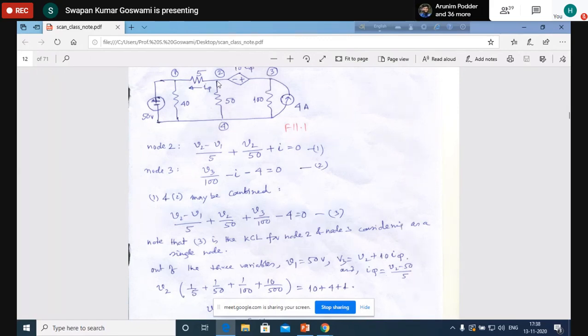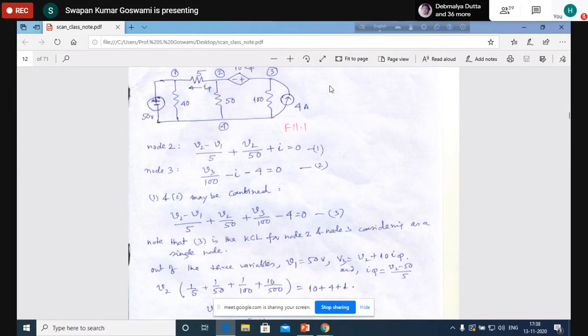That means the resultant current of this 2 and 3 has to be equal to 0. This zone may be expanded depending upon the connection of the circuit. If there are more nodes joined in such fashion where they are connected through ideal voltage sources, then you can combine them to write a single nodal equation, a single KCL equation.